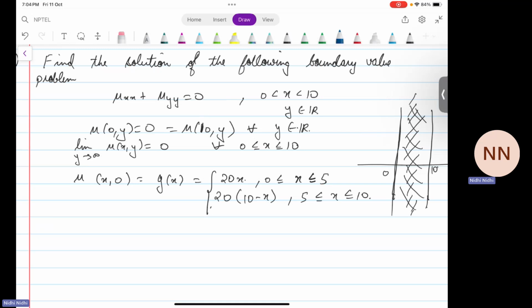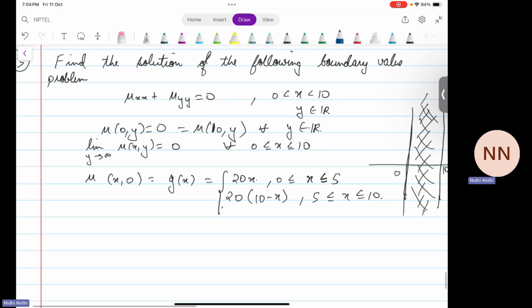So I would like you to start solving it. Take u(x,y) equals X(x)Y(y). Then using that, try to find the conditions that we can get on X. That means from this equation you will get that X(0) is 0, X(10) is 0.